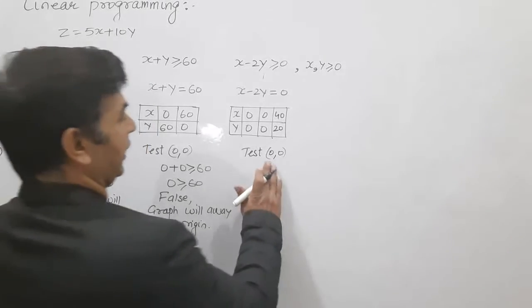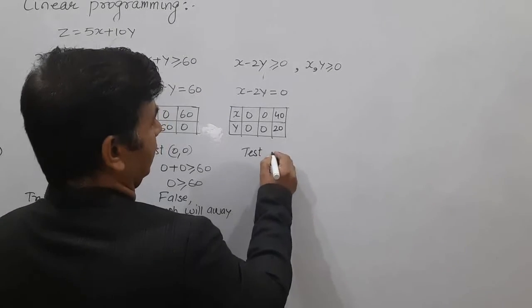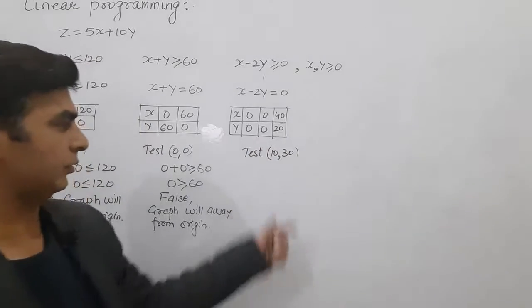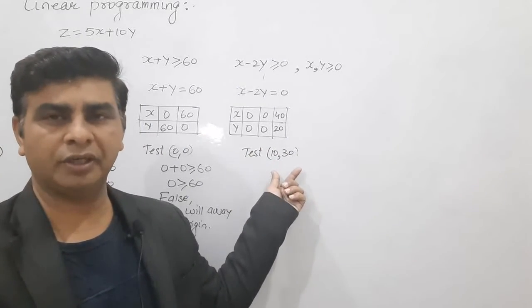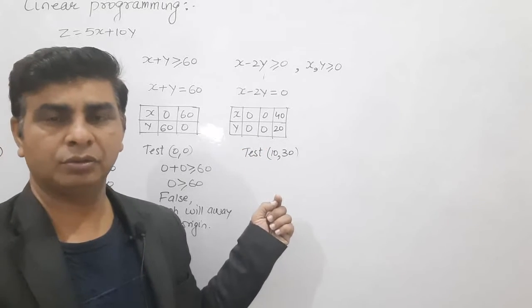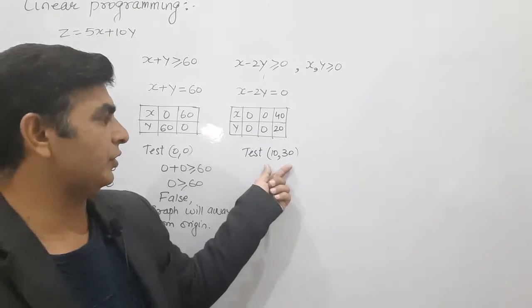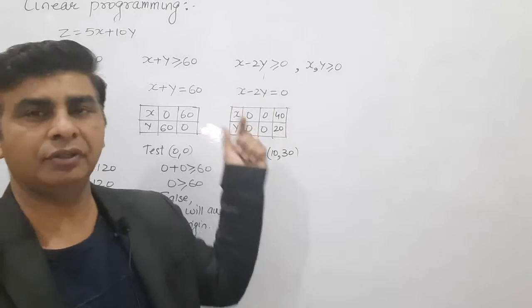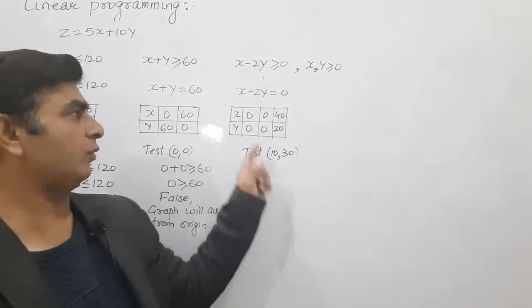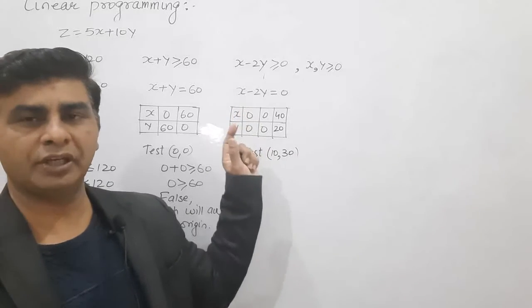Here we can take any point. Let me take 10, 30. You can take any point which is not lying on the line. Keep in mind, the point you take for the test must not satisfy the equation.